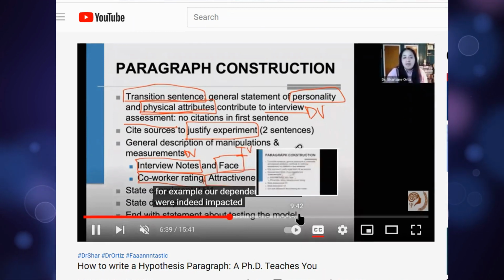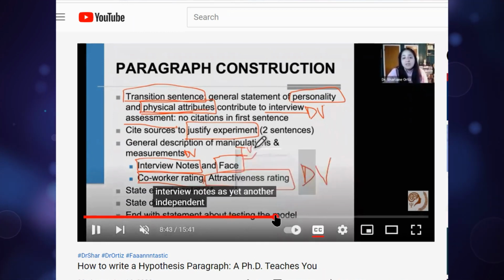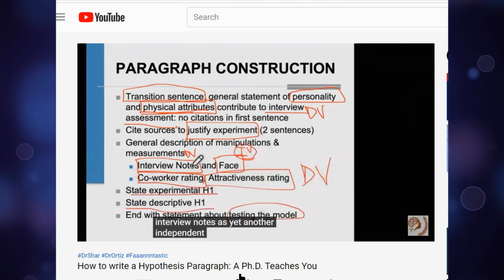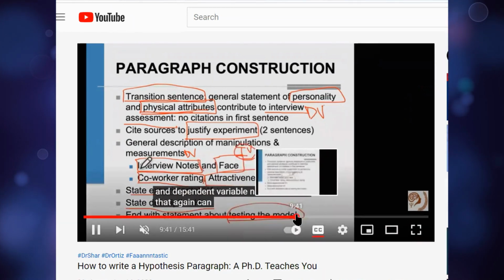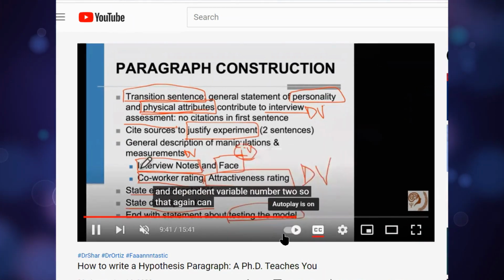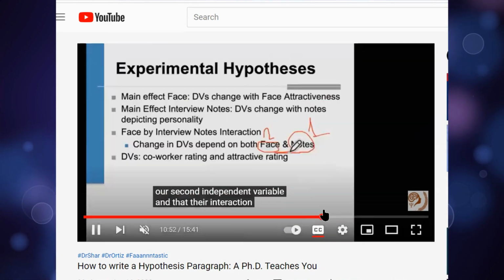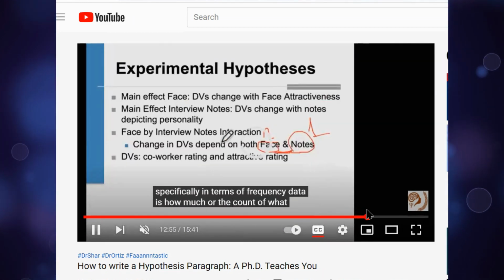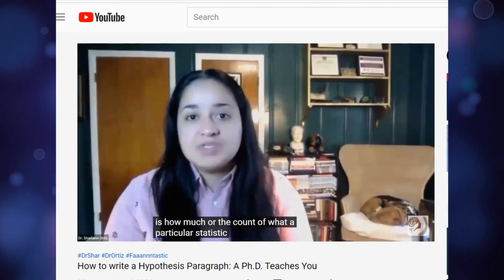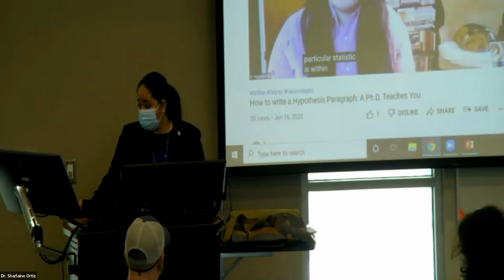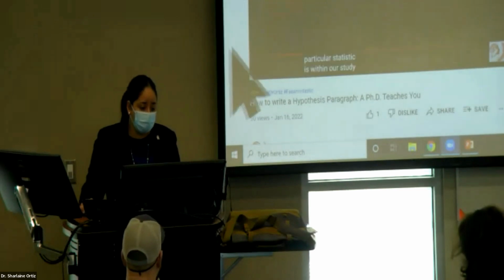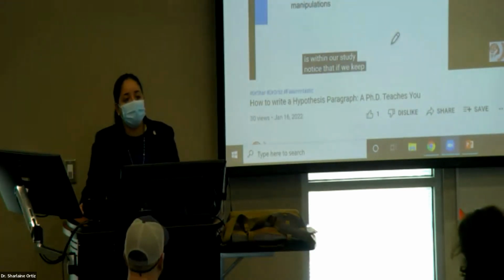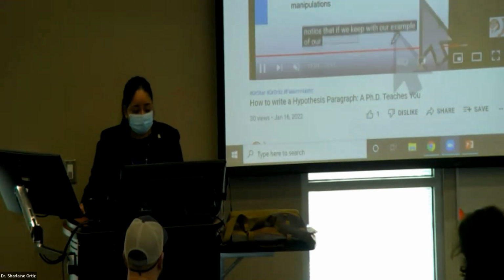One of the last things that you're going to have is a description of an experimental hypothesis and also a description of the descriptive hypothesis so that you are able to illustrate said paragraph. And that will be your paragraph number 3.